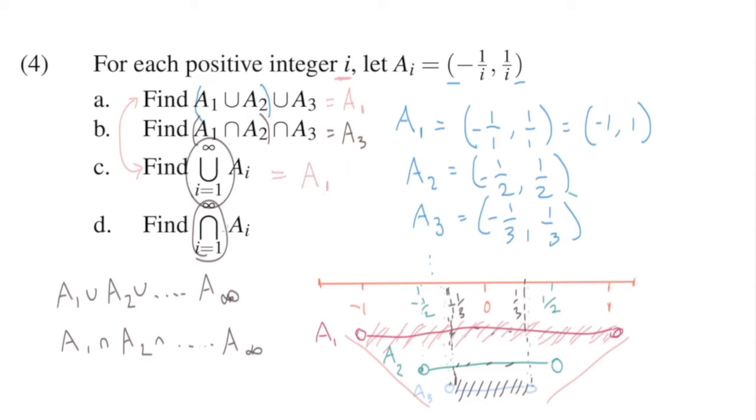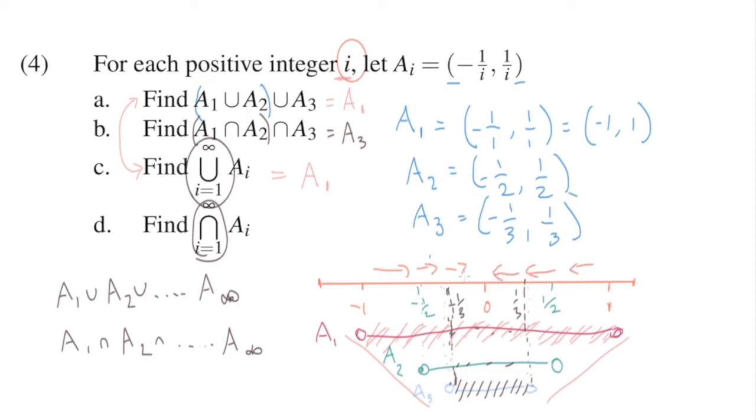Now we find the intersection version of that. Well, that's kind of the reverse. If you notice the pattern of this diagram, as I gets higher and higher, the intervals get smaller and smaller, and they get closer and closer to 0 from either side, right?